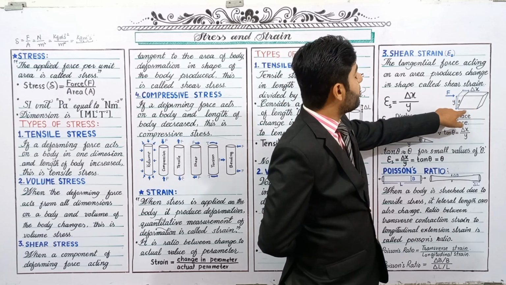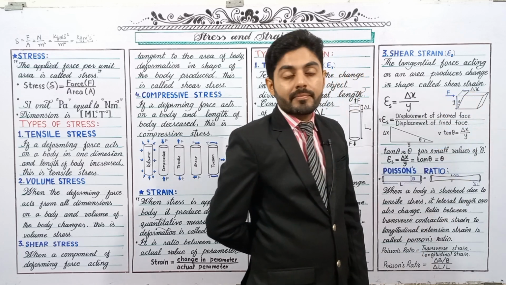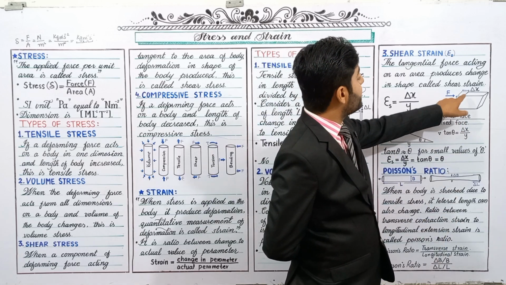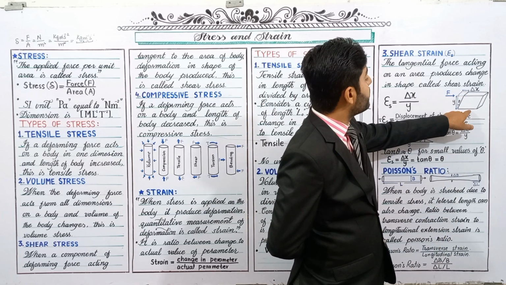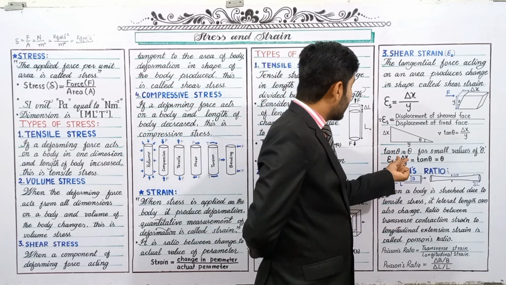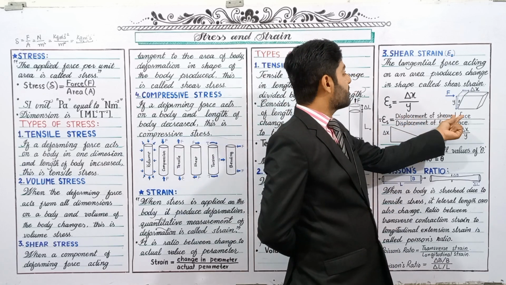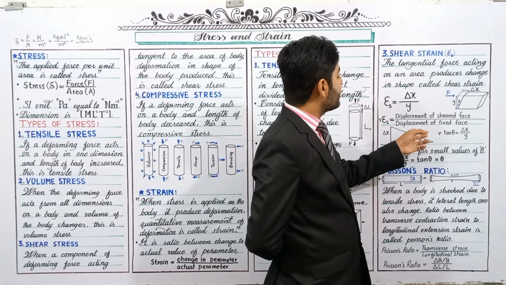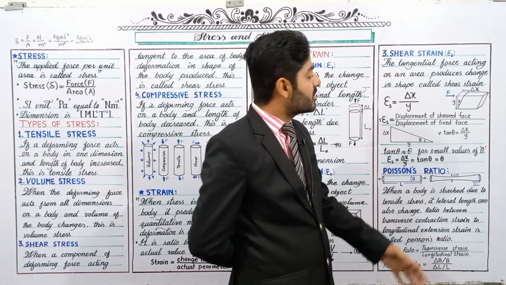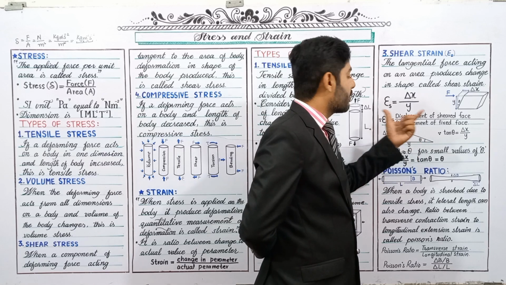The lower one is the fixed, the upper one is the moving, sheared face. So y is basically the displacement of this sheared face from the fixed face. So delta x is the displacement of the sheared face, and y is the distance of the fixed face from the sheared face. In this way you can easily remember this formula.